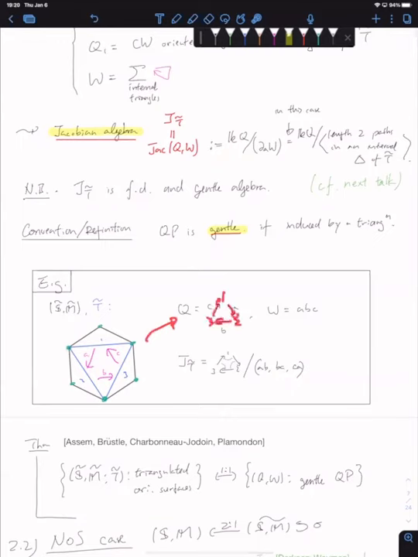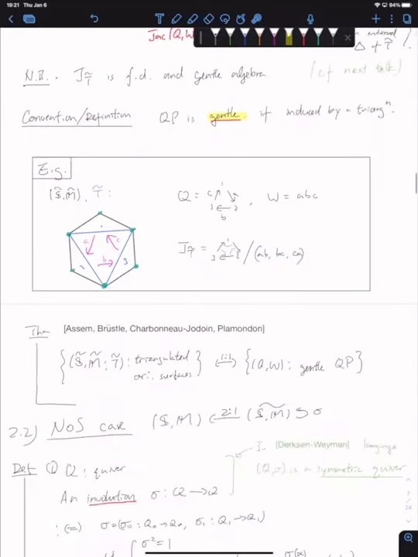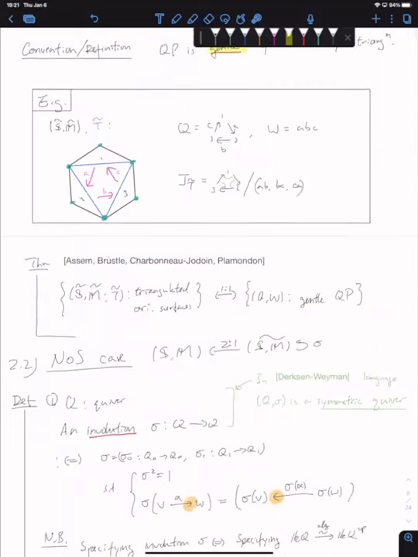Then I just need to pick a length 3 path in my internal triangle. I can pick any of them, so I just pick A, B, C, and then the Jacobian algebra will be just this bounded path algebra. I guess Yan's talk has more examples of triangulations of a hexagon that you can look at.